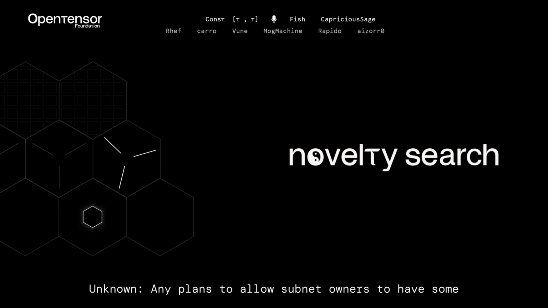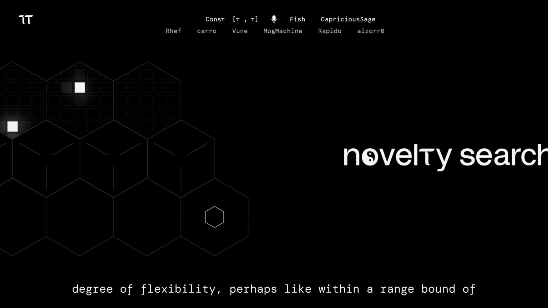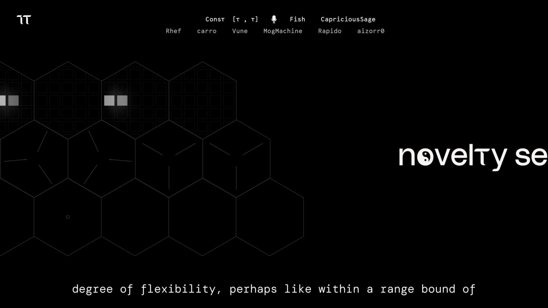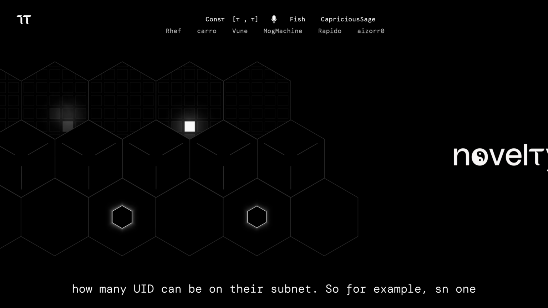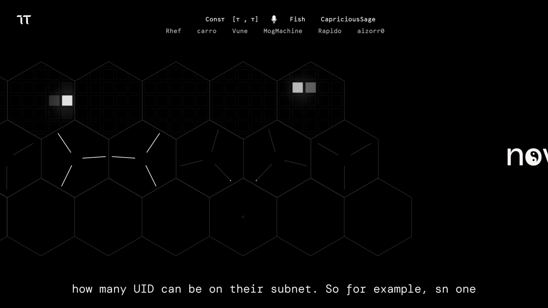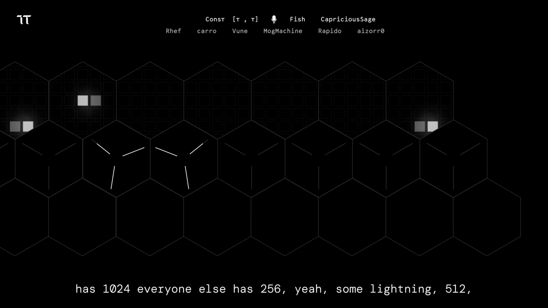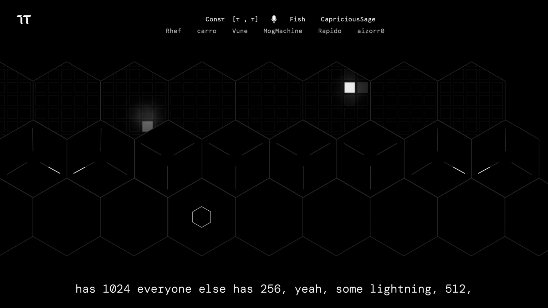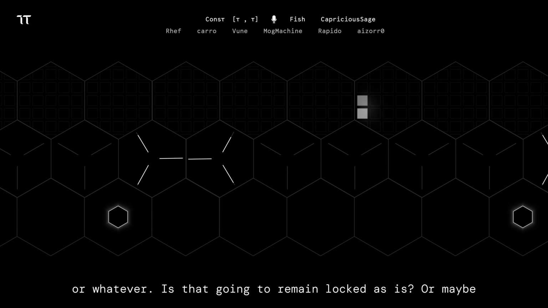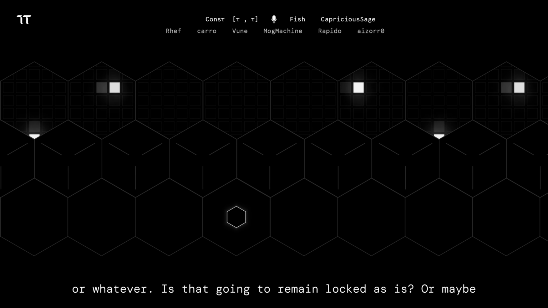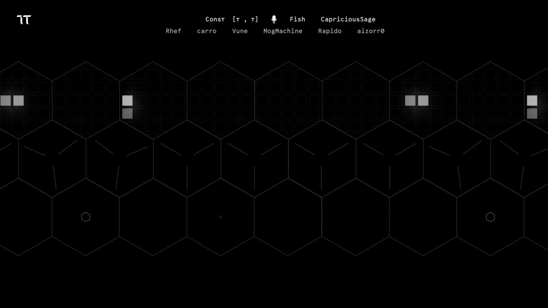Any plans to allow subnet owners to have some degree of flexibility, perhaps within a range bound, of how many UIDs can be on their subnet? So, for example, SN1 has 1024, everyone else has 256. Some might need 512 or whatever. Is that going to remain locked as is, or maybe a degree of flexibility?